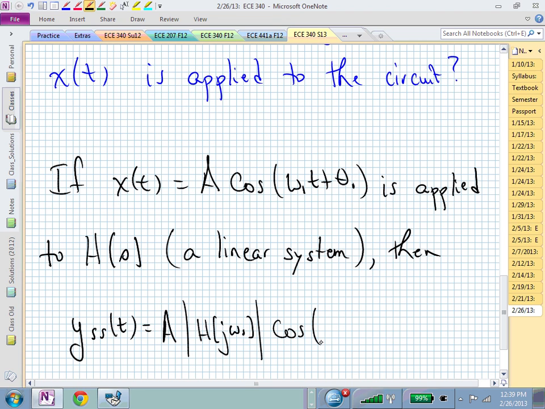We're going to get a cosine out. If I'm shaking this system with a cosine waveform, I'm going to get a cosine out, and in the steady state, it's going to be shaking at exactly the same frequency.